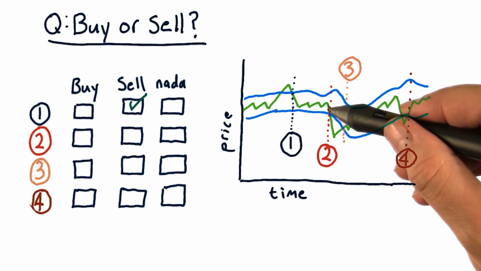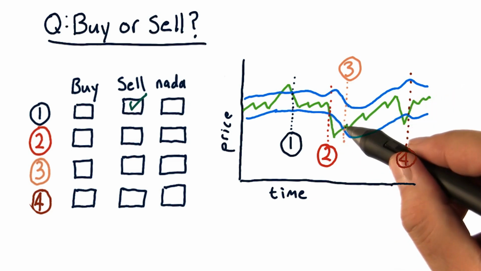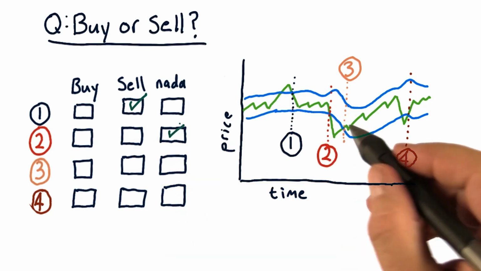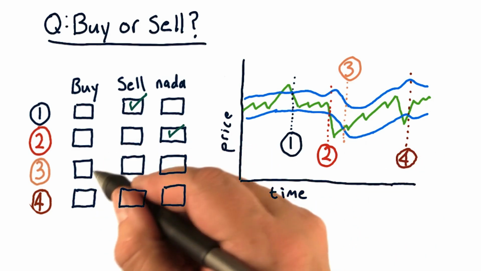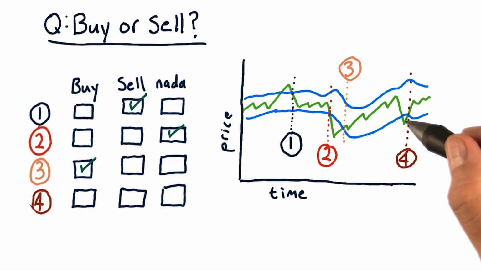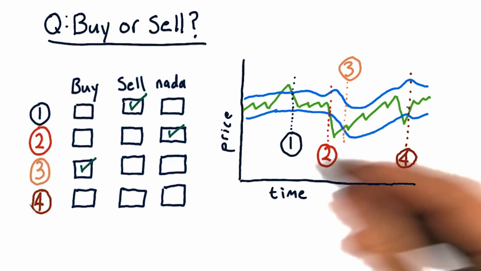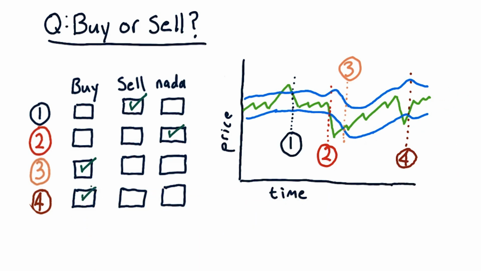It does indicate, of course, a significant excursion from the moving average, but we're looking for the validation that it comes back inside. So this is not a signal at all. Here, however, we've come back through that bottom band, and that is a buy signal. Finally, for this last one, number 4, we've gone outside the lower band and we've transitioned up inside it. That is a buy signal. So that's Bollinger Bands and how you might use them.